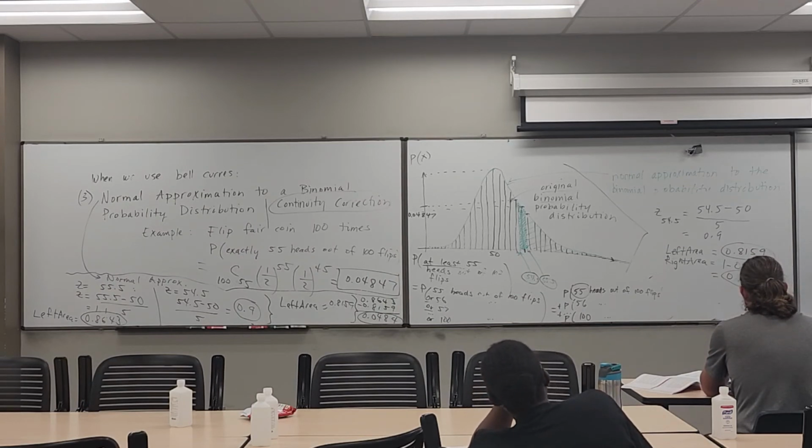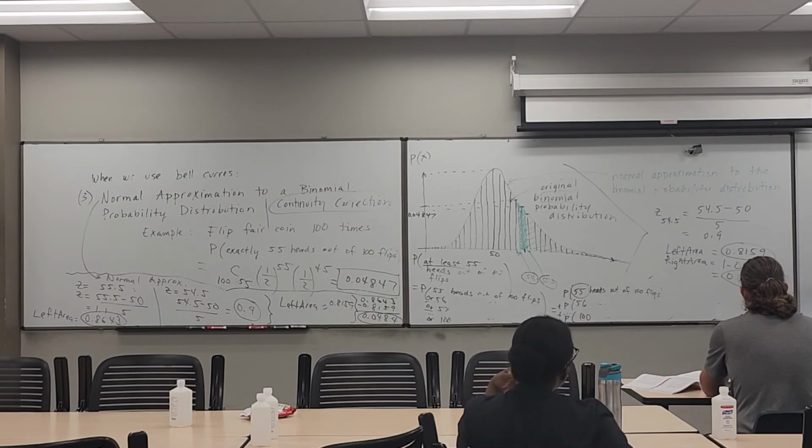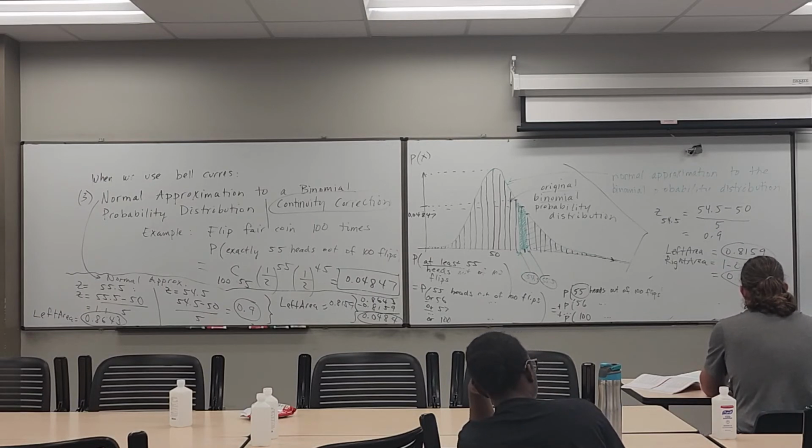Okay, so let me maybe phrase the question differently. Maybe if I had asked what's the probability of getting at least 50 heads out of 100 flips, based on the picture, you know that 50 is around where the actual mean is. So if we want exactly 50 heads, then technically using continuity correction, 50 is really between 49.5 and 50.5.